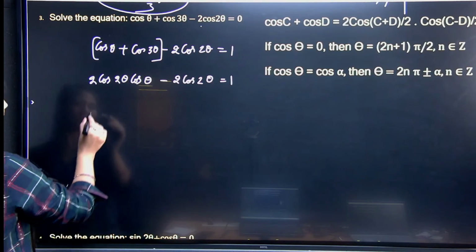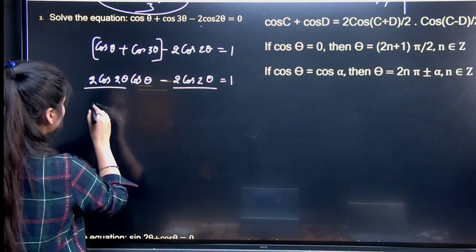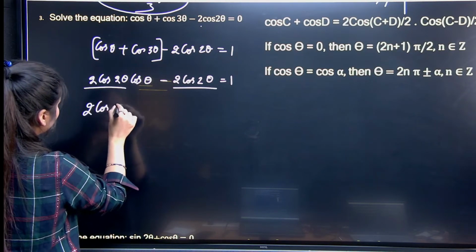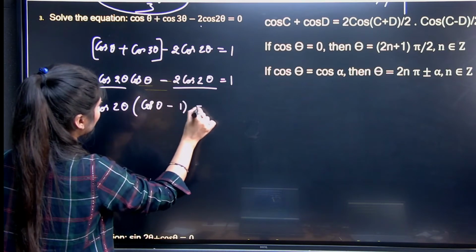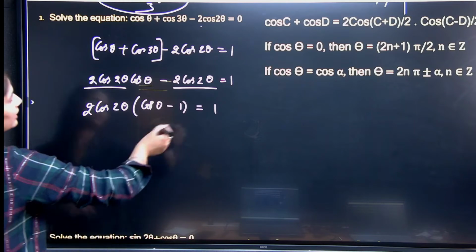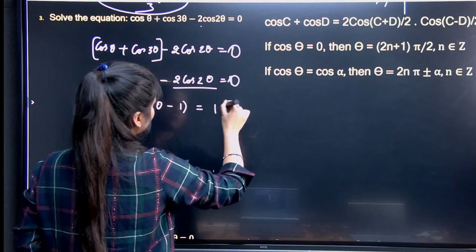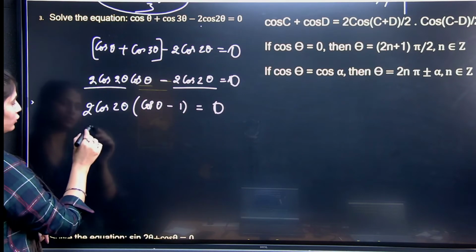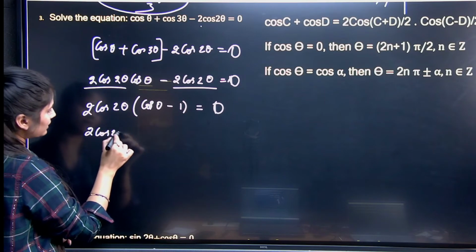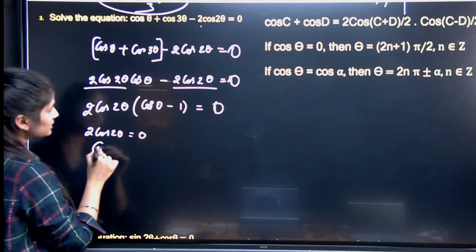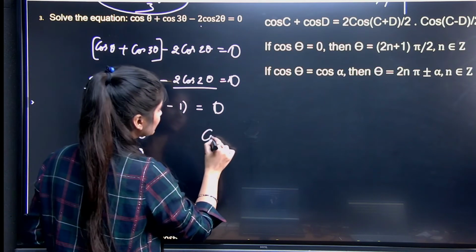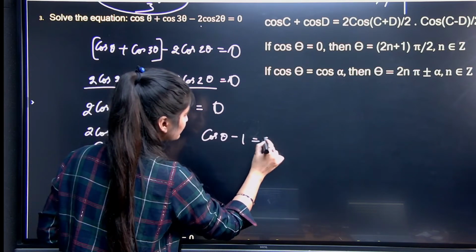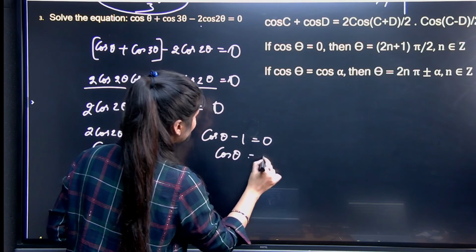Now again we can take common 2 cos 2 theta. So it is cos theta minus 1 is equal to 0. Okay. Now it is 2 cos 2 theta is equal to 0, or we can say cos 2 theta is equal to 0, and cos theta minus 1 is equal to 0, cos theta is equal to 1.